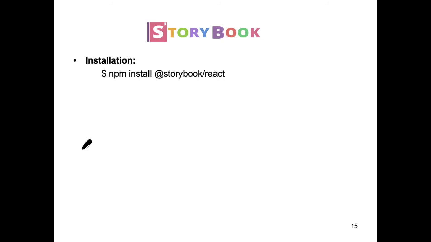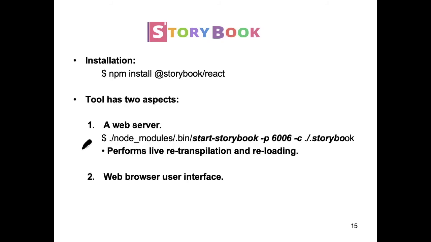The Storybook tool, you install it as an npm install as usual. There are two parts to the tool. It comes with its own web server, which does all of the things that I've been talking about up to now. It does the automatic transpilation and retranspilation whenever you make changes to your component file. And it also performs live reloading, so you can see what the effect of your changes are in the browser.